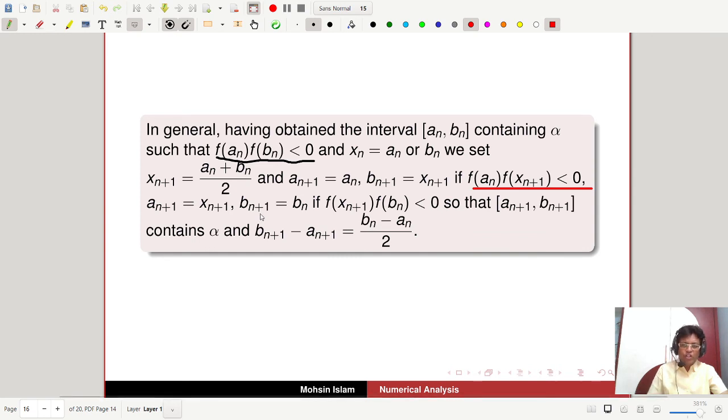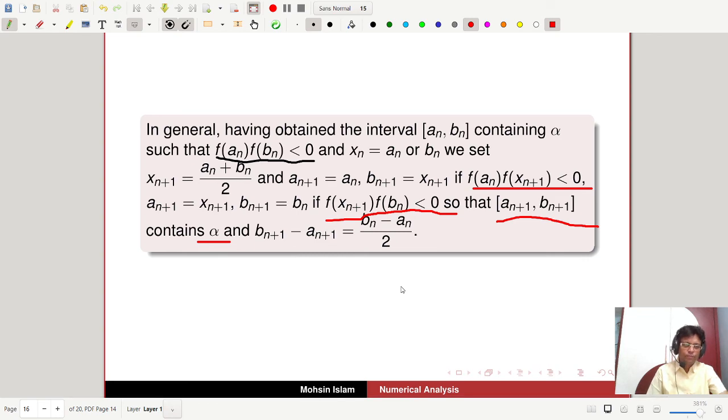This is the generalization. So that [an plus 1, bn plus 1] contains alpha and bn plus 1 minus an plus 1 is equal to (bn minus an) by 2.